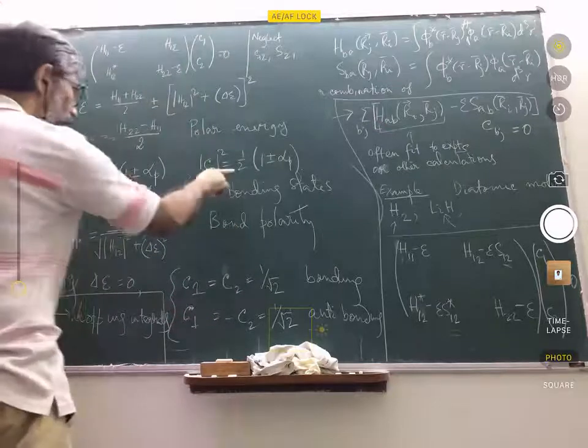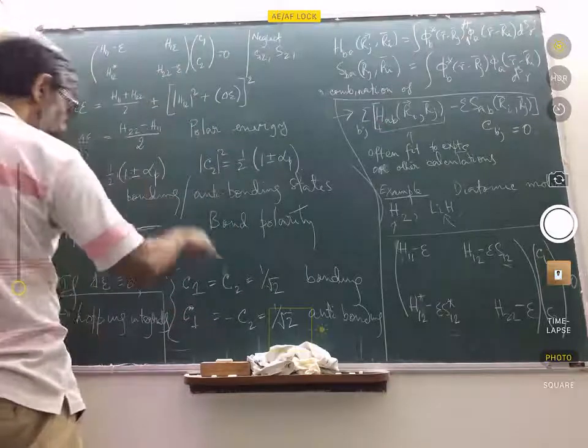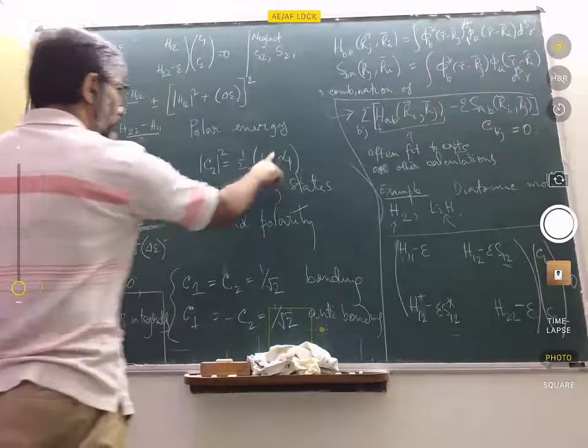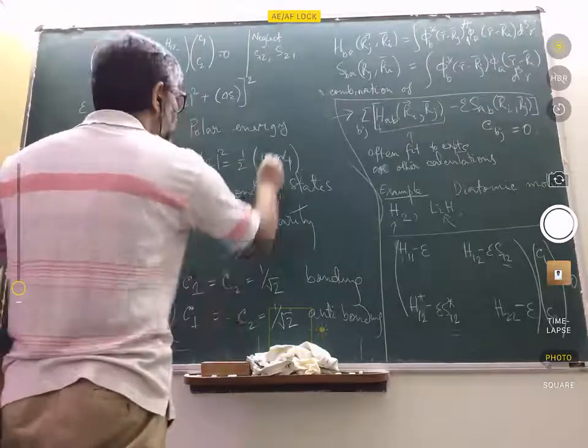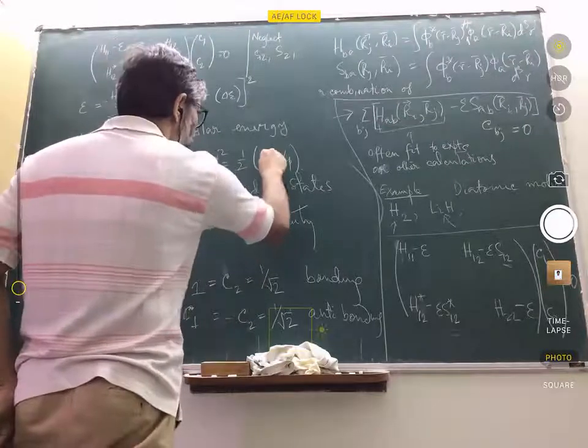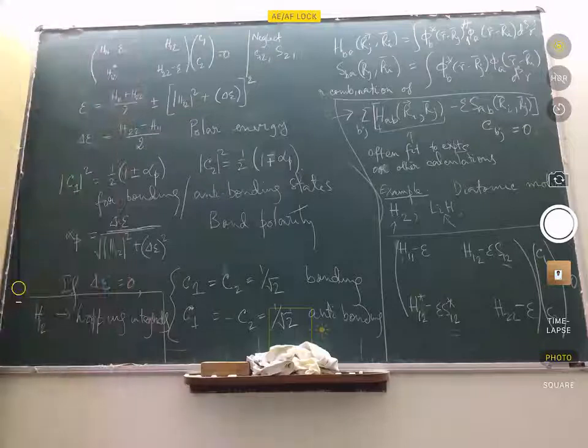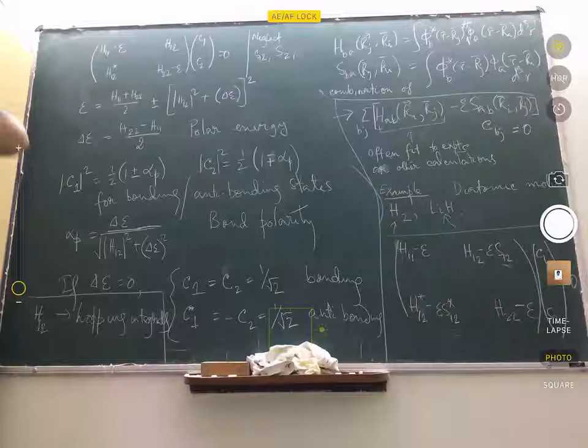One of these has to be 1 plus minus alpha p, the other has to be minus plus. So please correct that. So this is for a diatomic molecule. Let me go over these terms once again, and then we'll go over to the solids today.